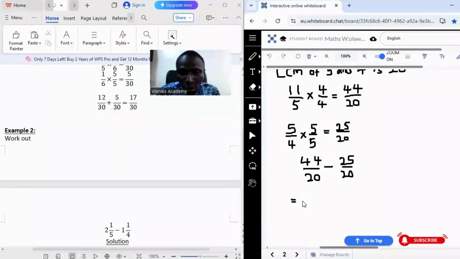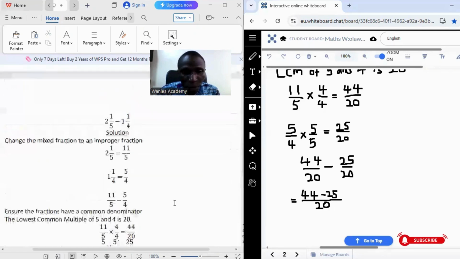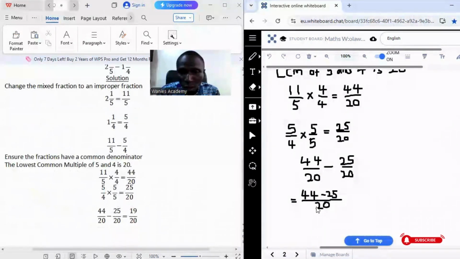So we're going to have 44 minus 25 over 20. So 44 minus 25, we're going to have this to be 19 over 20. So that's what's going to be our final answer, because we can't simplify this.